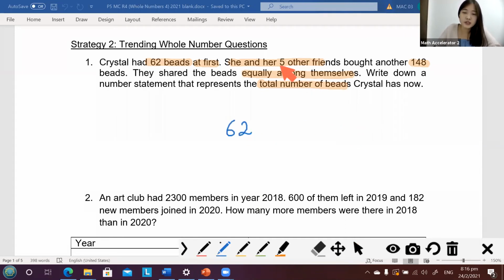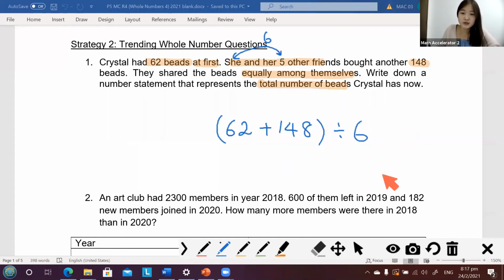Then she and her 5 other friends bought another 148. These beads are shared equally amongst themselves, which means these beads are divided by 6 people, because she and 5 other friends. Total, you have 6 people.